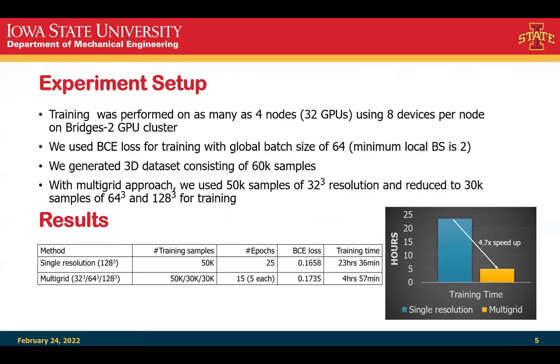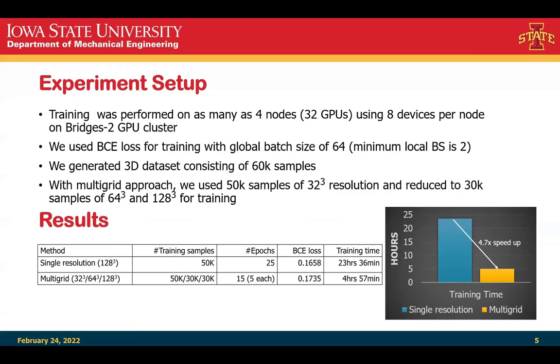Now coming to the results part, we compared our multigrid training approach with the single resolution training on 128 cube resolution. We can see that with fewer multigrid epochs and also fewer samples at higher resolution, we achieve a similar loss value compared to the single resolution training.